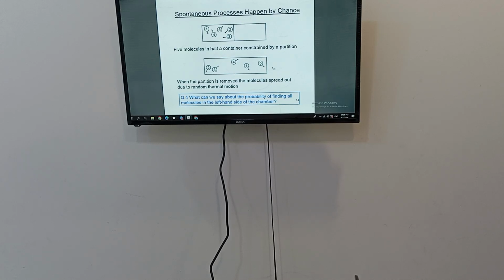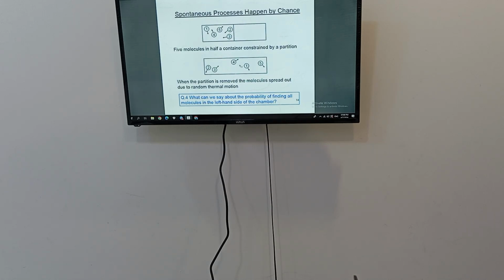A spontaneous process happens by chance. We have here in this box 5 molecules in half the container, constructed by a partition, confined by this barrier. And we have here 5 molecules in the whole container, spread out with no barrier.